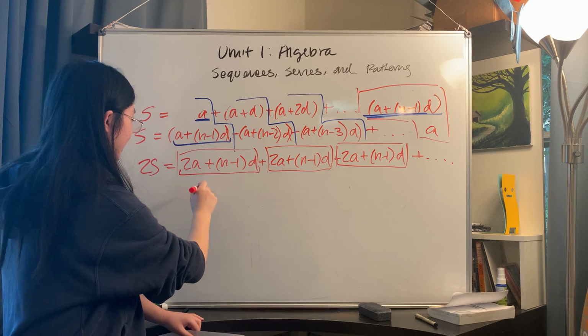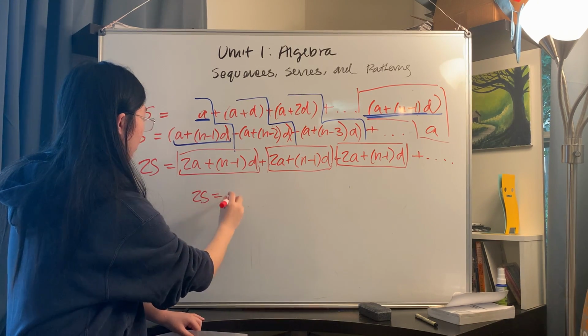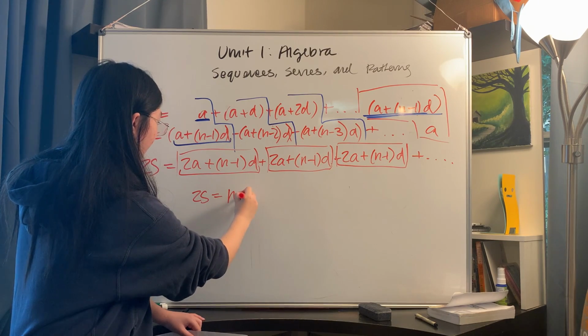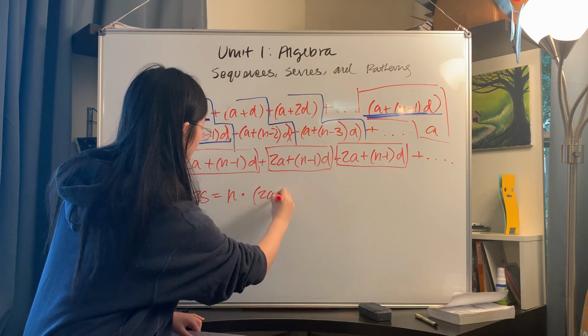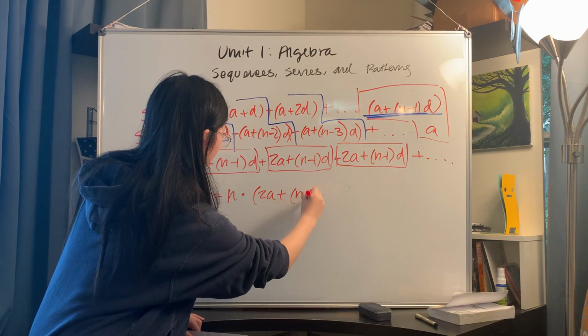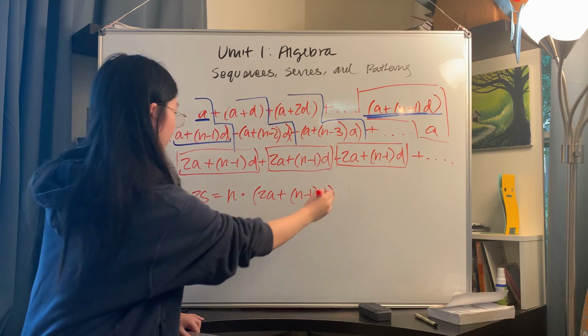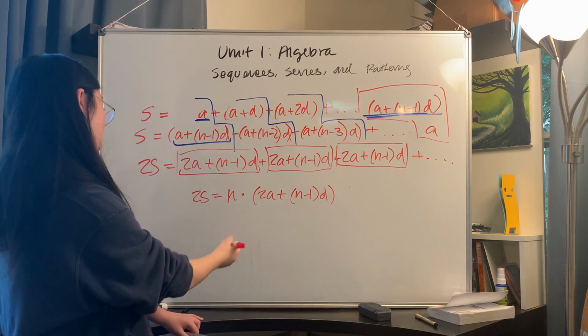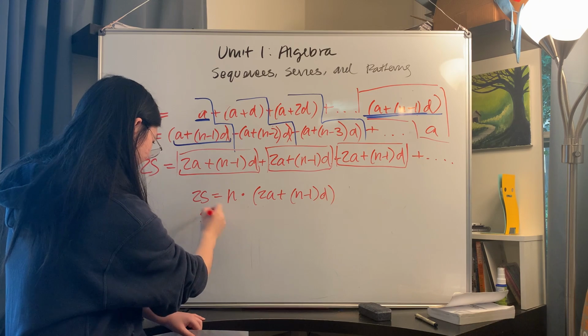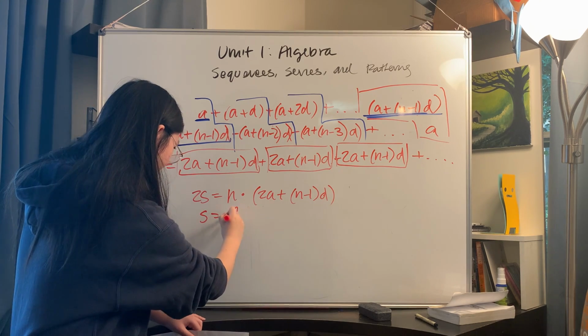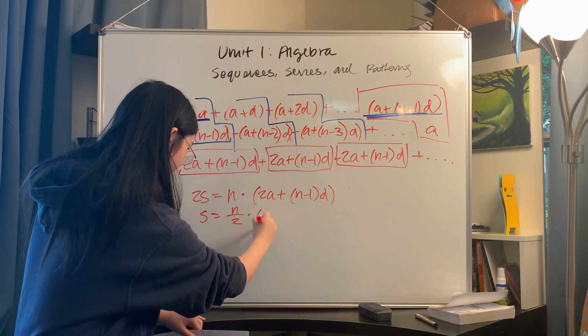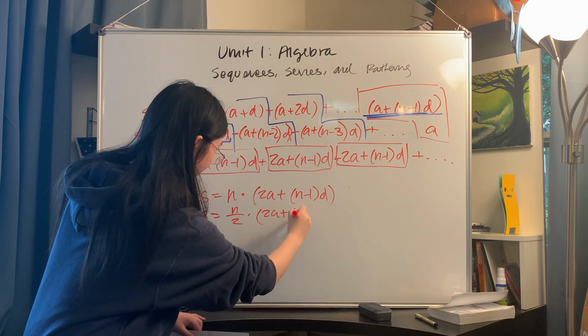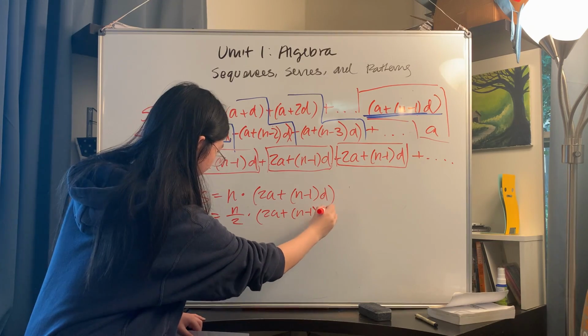So 2S is equal to n times (2a plus (n minus 1)d), or S is equal to n divided by 2 times (2a plus (n minus 1)d).